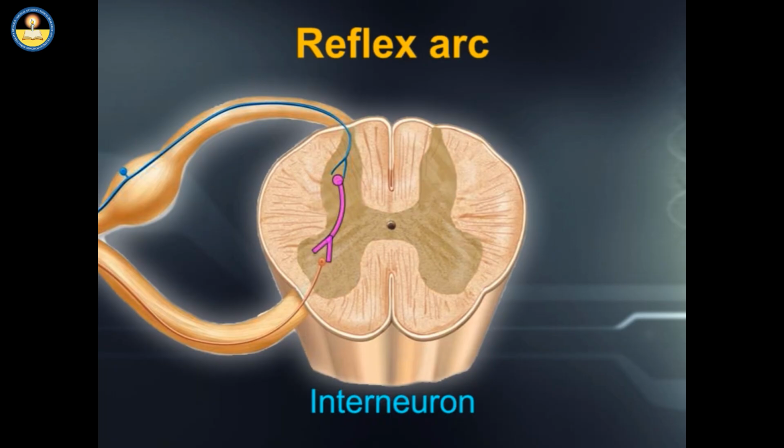Interneuron. A nerve cell found entirely within the central nervous system that acts as a link between sensory neurons and motor neurons. The information about a stimulus is analyzed by the interneuron of the spinal cord.